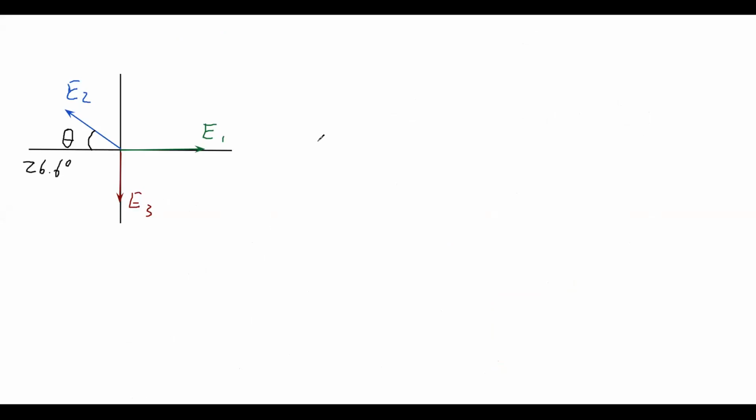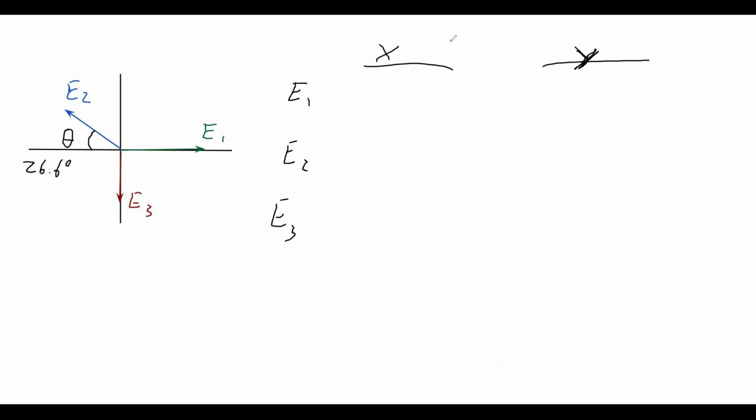Okay, so let's do our vectors. So I'm going to do x components, y components, and then I have E1, E2, and E3. Okay, so let's do E1. So E1 is pretty easy. You can see E1 is along the x-axis.